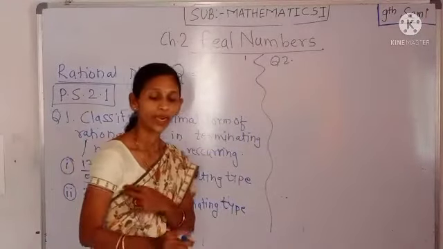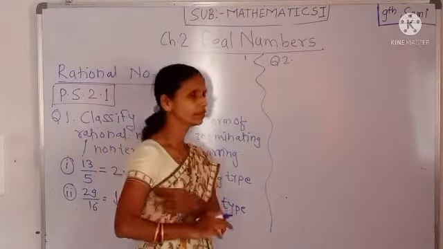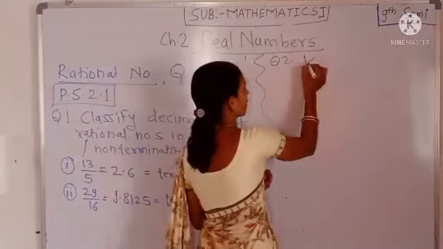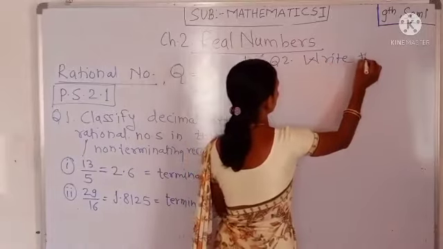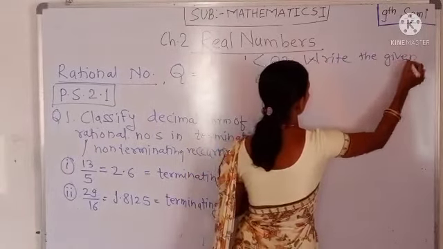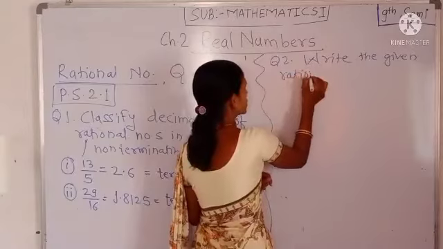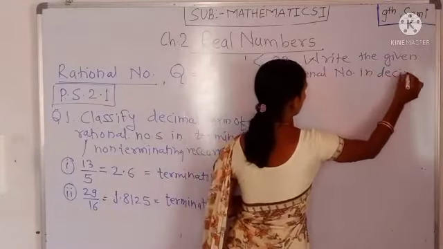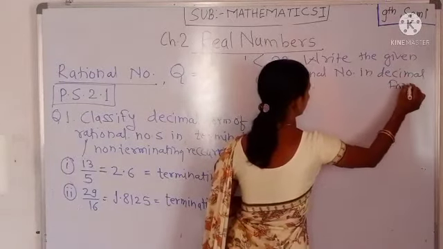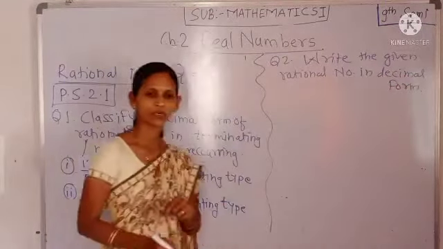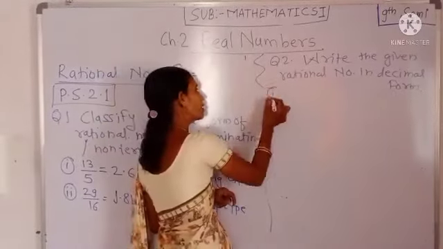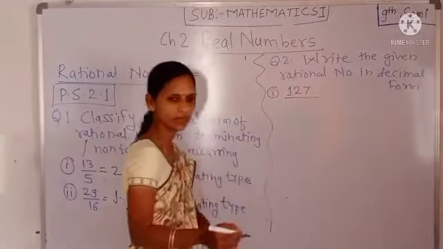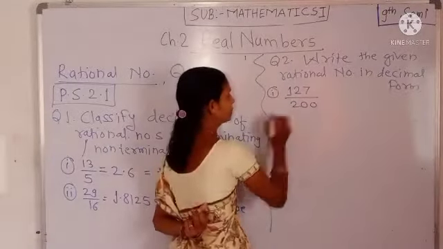See here, the question given here is: write the following rational numbers in decimal form. That means here a few examples of rational numbers given in P upon Q form, that is 127 upon 200.